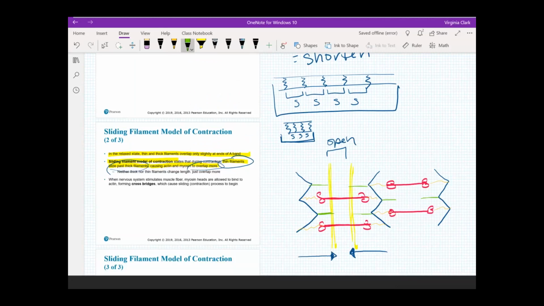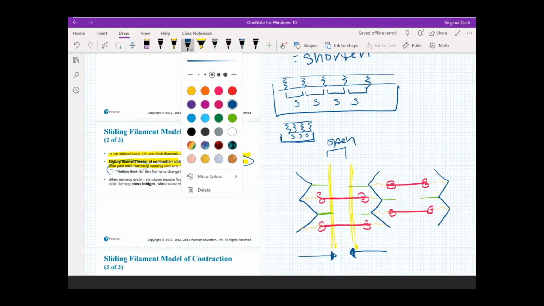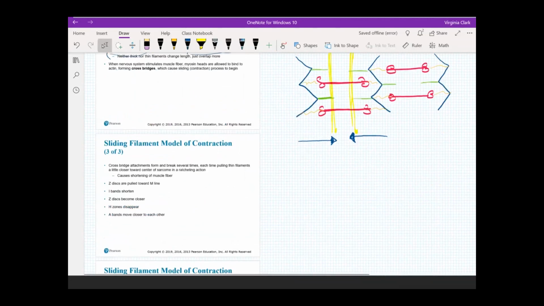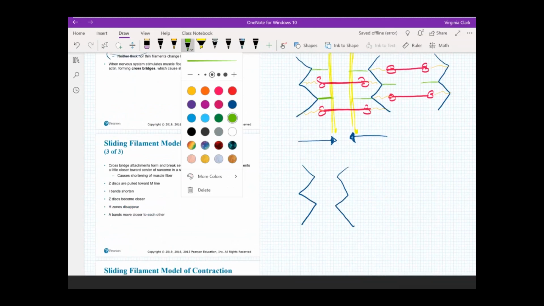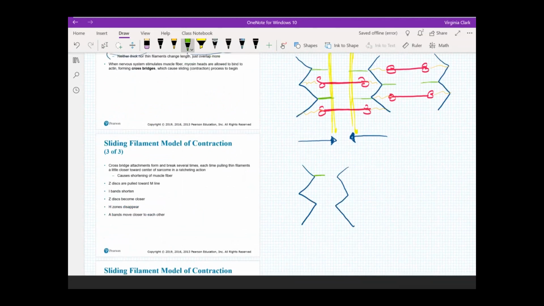So if we were to draw that, we now have taken this one sarcomere. We're going to do this one because it's been consistent. And we have moved this guy this way. So when we actually do that, here's our actin. We have not shortened our actin at all. We have just moved this one and this one closer together.